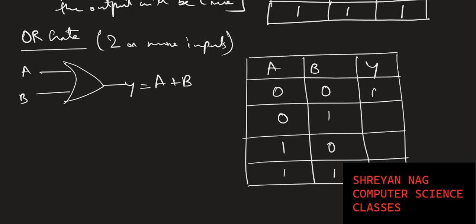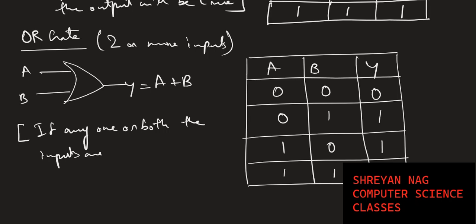So 0 plus 0 is 0, 0 plus 1 is 1, 1 plus 0 is 1, and 1 plus 1 is 1. We see that if any one or both of the inputs are true, then the output will be true.